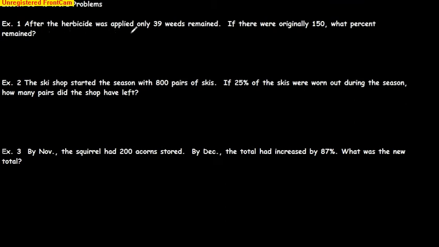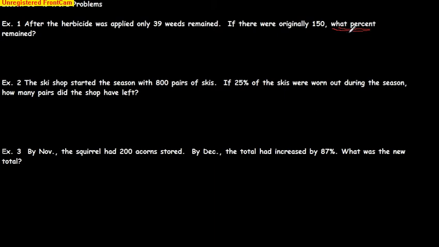After the herbicide was applied, only 39 weeds remained. If there were originally 150, what percent remained? So you need to try to write this into a sentence that has less words. Like we're going to take out words like herbicide, applied, weeds. We're just going to boil it down to numbers. So what we're looking for is what percent. Well, what percent of what?